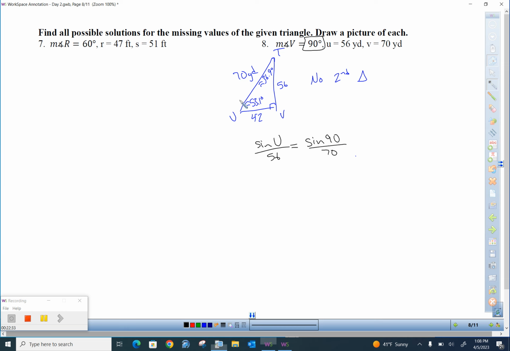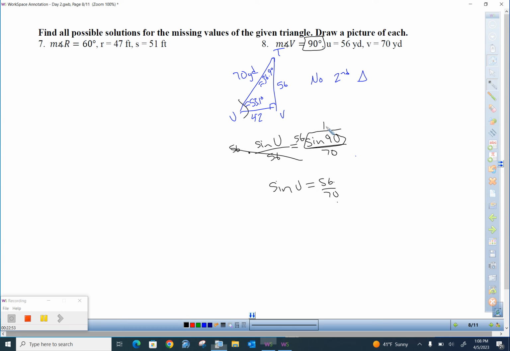But y'all, if I'm solving for this and it's a right triangle, I can just as easily say sine u equals 56 over 70 and use the inverse from there. Now these are exactly equivalent because if I look at this, 56 is still on top, 70 is still on the bottom, and sine of 90 is 1 from our unit circle. Okay, so it's still okay to use law of sines.